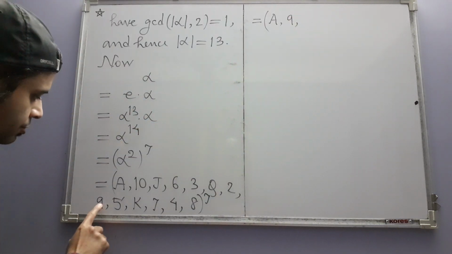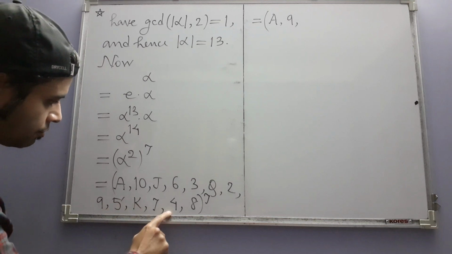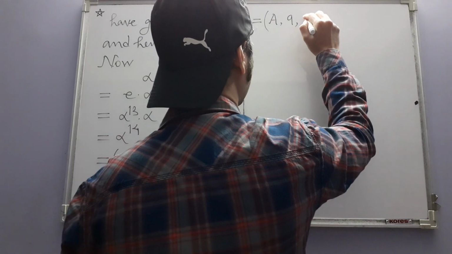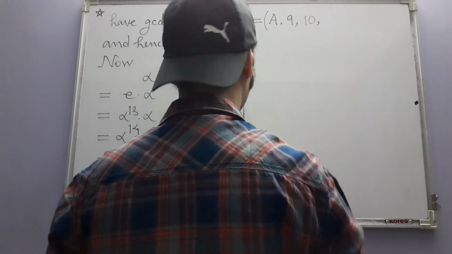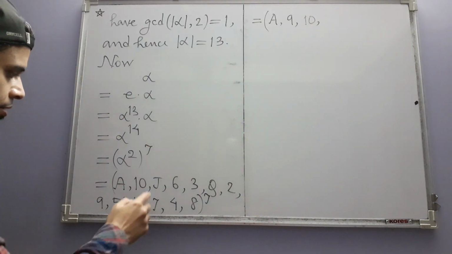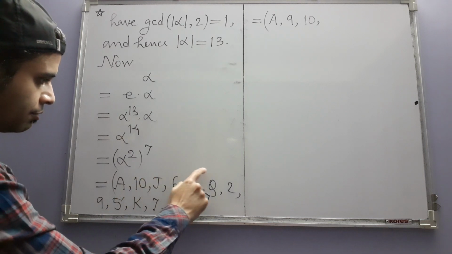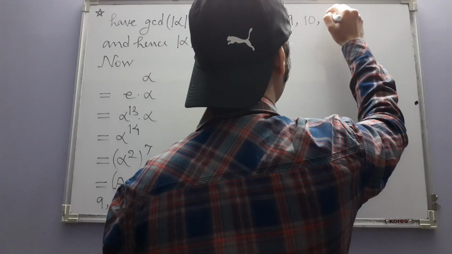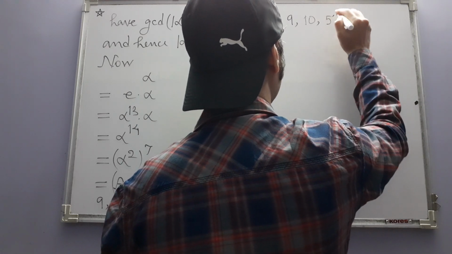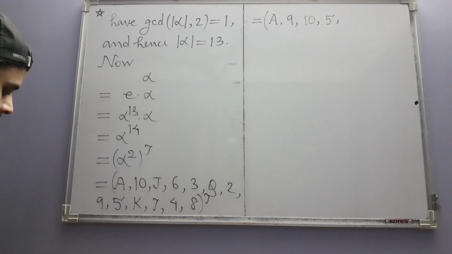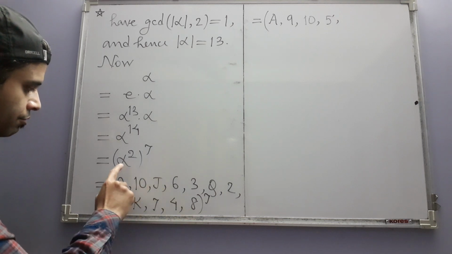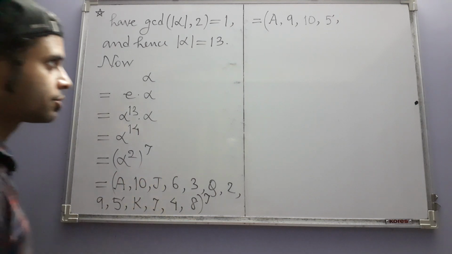Then 9 goes to 1, 2, 3, 4, 5, 6, 7. 9 goes to 10. Then 10 goes to 1, 2, 3, 4, 5, 6, 7. 10 goes to 5. Then 5 goes to 1, 2, 3, 4, 5, 6, 7. 5 goes to Jack.